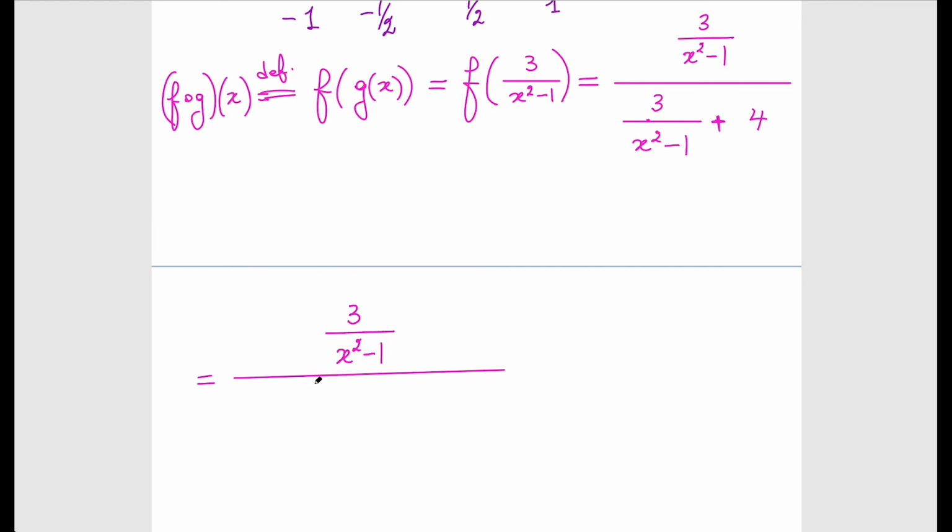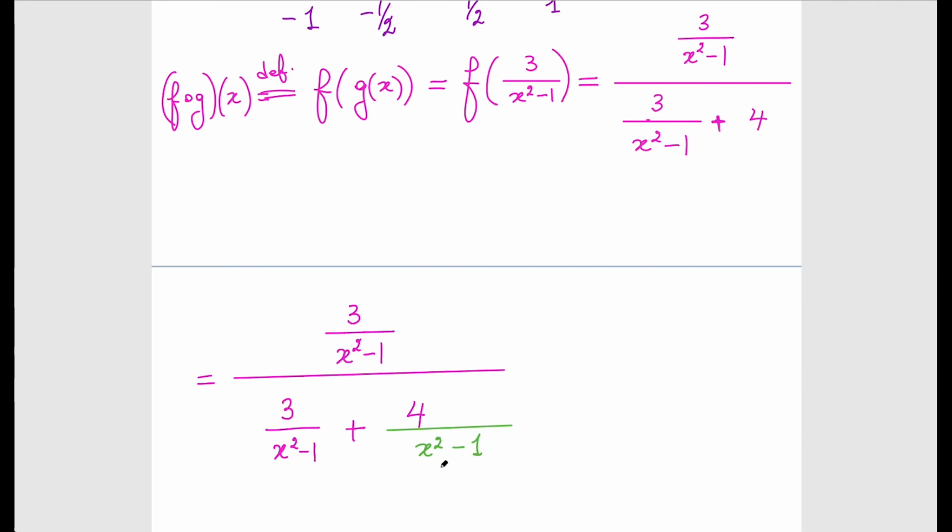The guy downstairs is 3 over x squared minus 1 plus 4. This is how it is now, right? I'm gonna make the same denominator downstairs, so I'm gonna create an x squared minus 1 underneath 4 so I can get the same denominator.